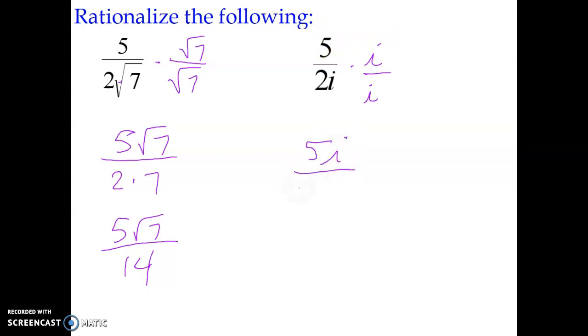And in the denominator, I've got that 2. And then I remember from before that i times i is i squared. And I remember that i squared equals -1. So I'm going to multiply by -1. So in the numerator, I've got 5i. In the denominator, I've got -2.